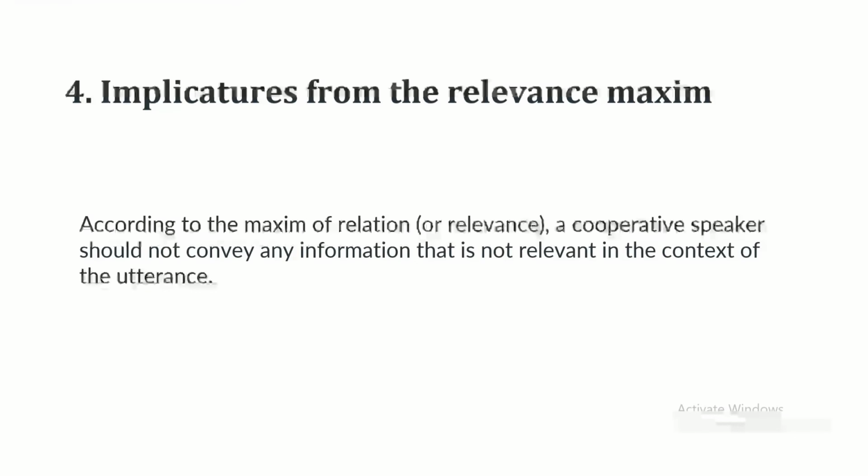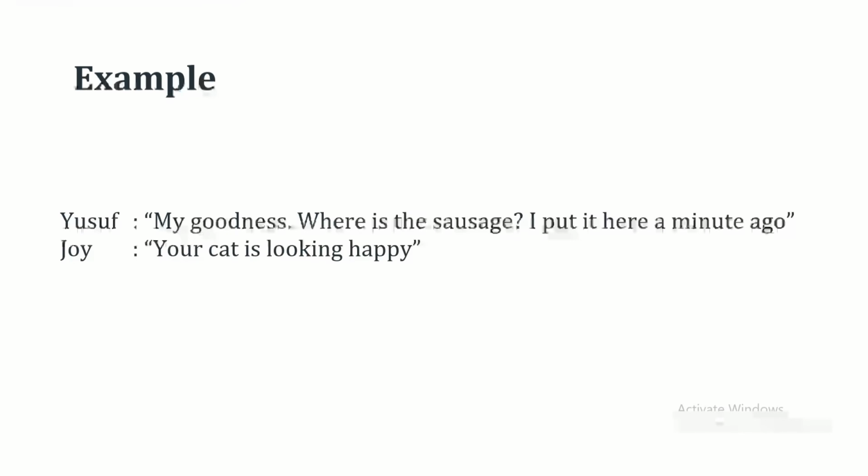So for the example here, Yusuf said, my goodness, where is the sausage? I put it here a minute ago. And then Joy answered, your cat is looking happy. It is obvious that in this example, we use the maxim of relevance.